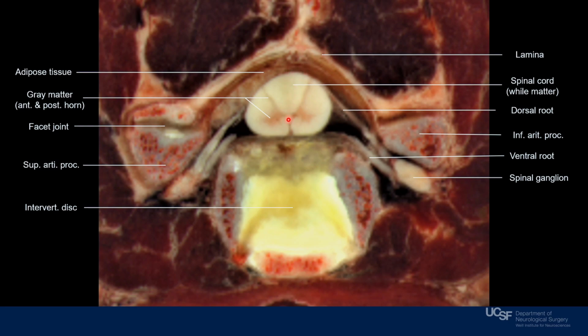It is enclosed by the vertebral bodies anteriorly and the disc, and also the posterior longitudinal ligament, and posteriorly by the laminae and the ligamenta flava, laterally by the facet joints and also the pedicles.